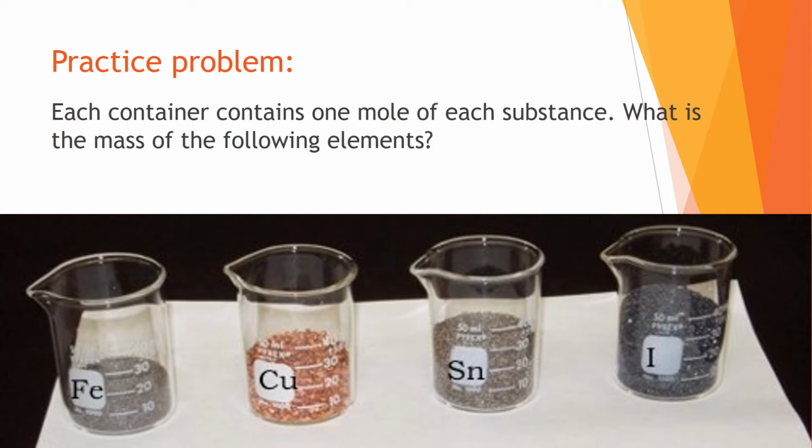I can measure out 1 mole of copper. I know there's 6.02 times 10 to the 23rd atoms of copper in here because I know how much a mole of copper weighs. I know how much a mole of tin weighs, and how much a mole of iodine weighs.